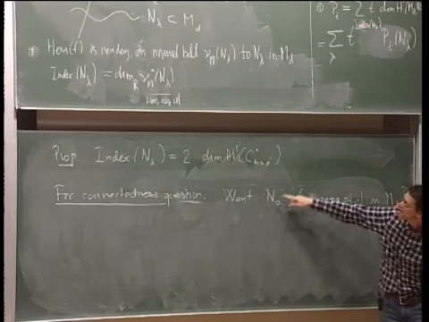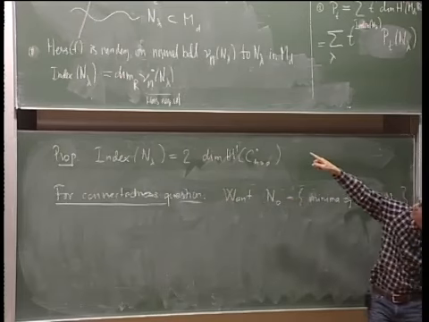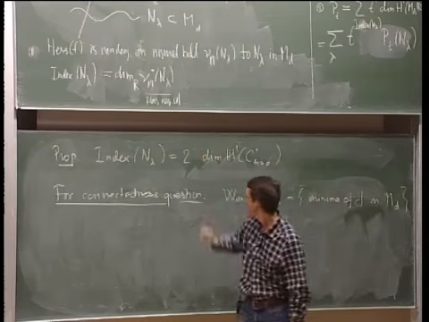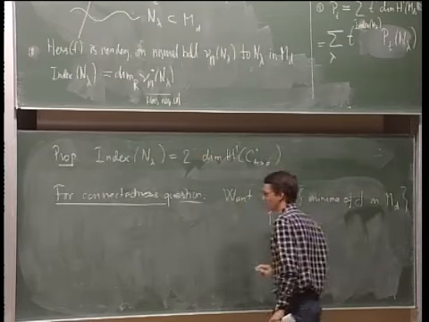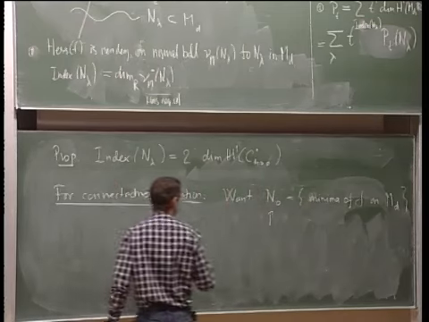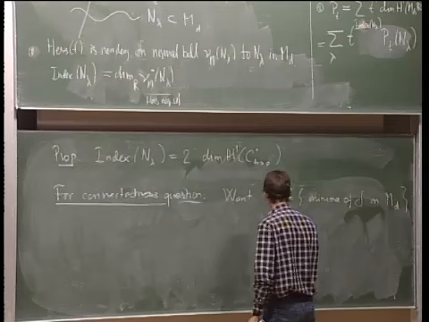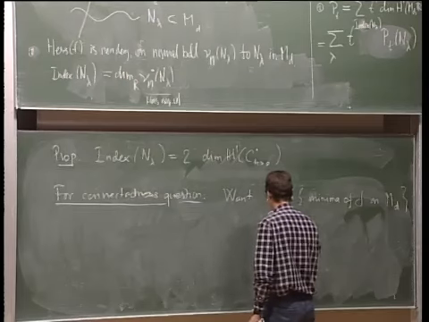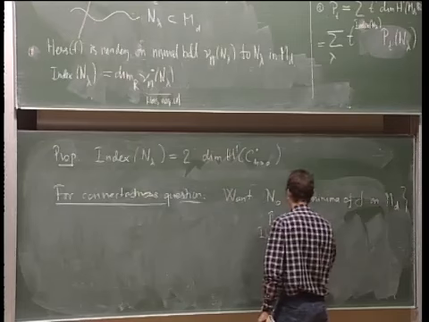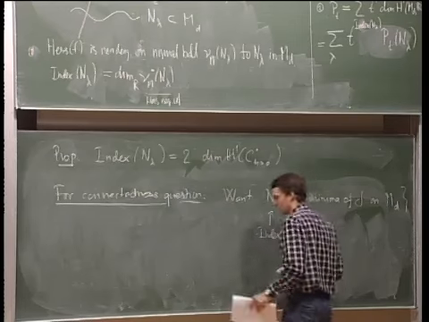How can we detect that? Well, that's of course if the negative normal bundle vanishes. So this is characterized by the fact that the Morse index is 0.